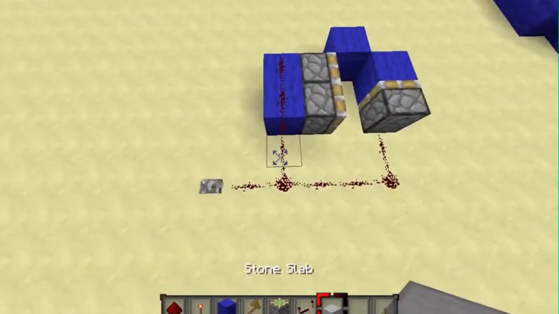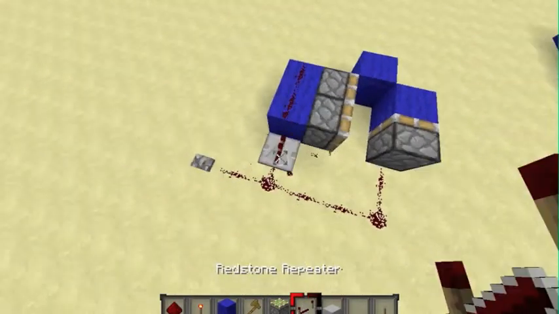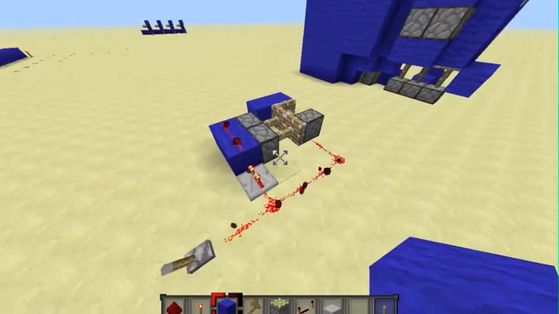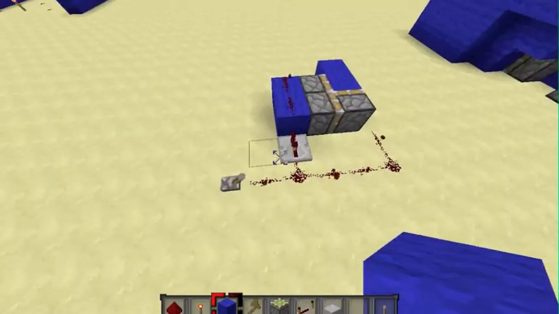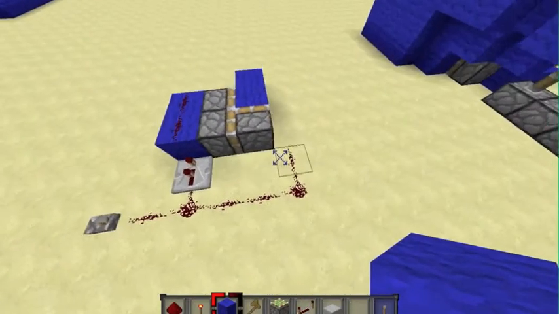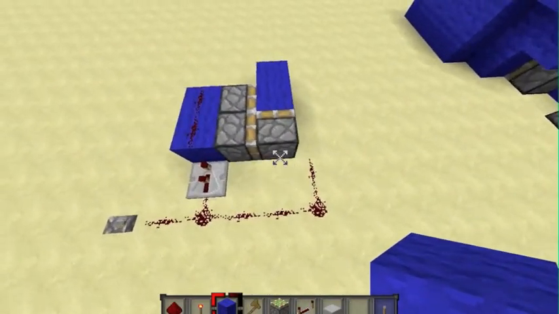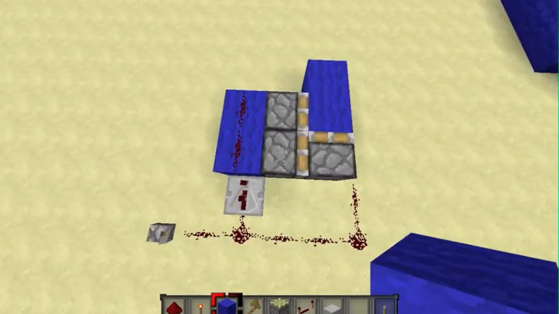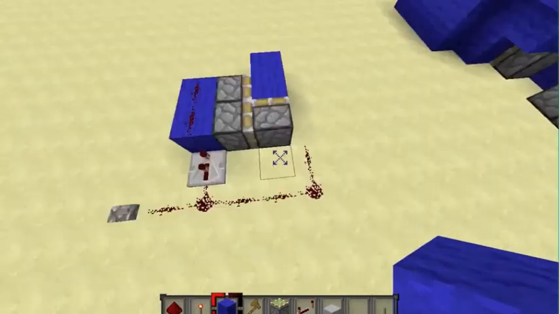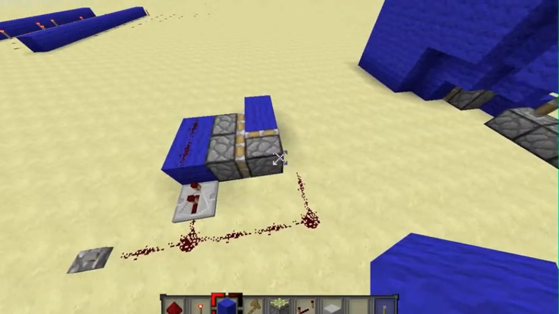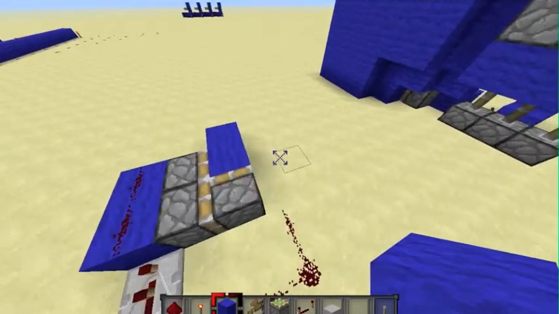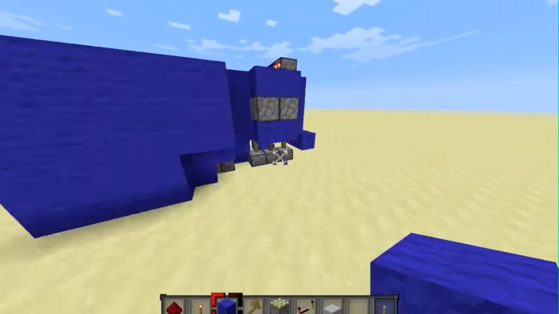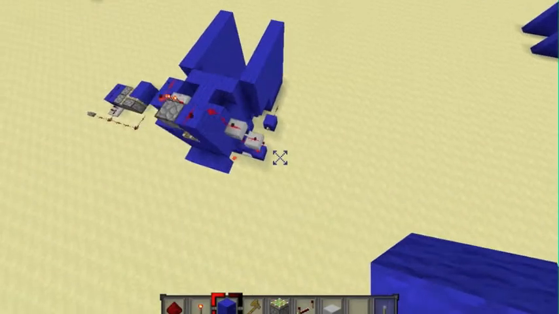So that's basically the idea behind this design. First of all, let's retract it. This thing retracts right here, and then these two retract when it's retracted. Then when it extends, this wire doesn't power it up until the pistons have actually extended so that it pushes it forward. So that's the exact concept behind this design right here.